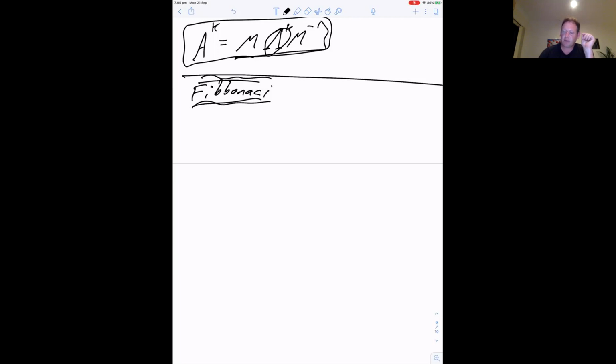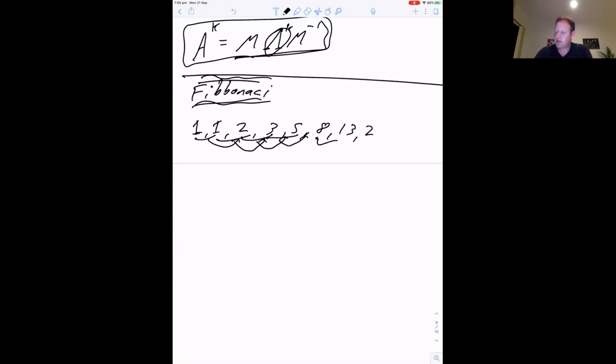Anyway, the Fibonacci sequence: 1, next number is 2 because that's the sum of 1 plus 1. Next number is 3 because that's the sum of those. Next number is 5 because that's the sum of 2 and 3. Next number is 8. What's the next number? 13, and so on.